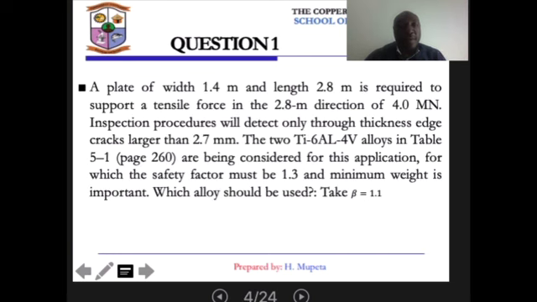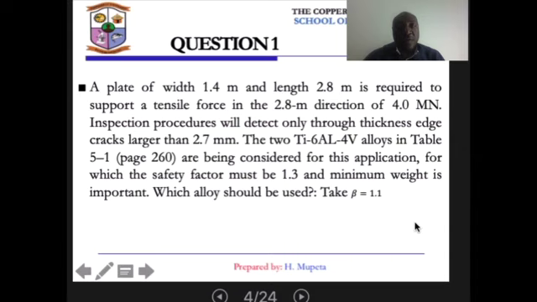Question 1 states that a plate of width 1.4 meters and length 2.8 meters is required to support a tensile force in the 2.8 meter direction of 4.0 meganewtons. The inspection procedure will detect only through-thickness edge cracks larger than 2.7 millimeters. Two alloys, which are in table 5.1 on page 260 of the recommended book, are being considered for this application.